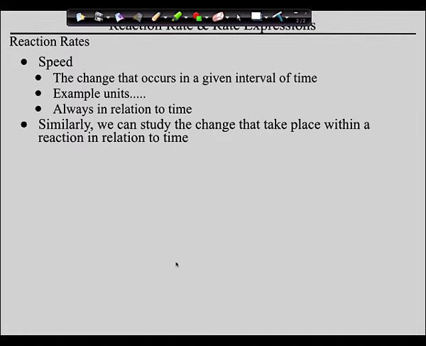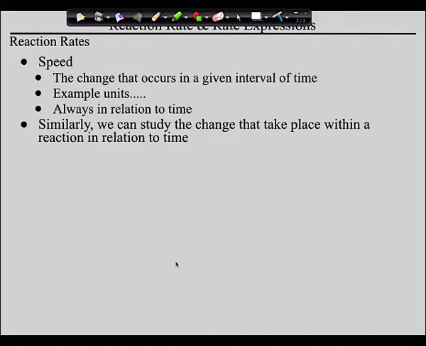So if we want to know how fast a reaction is going, we can either measure how fast the reactants are going away or how fast the products are forming. Traditionally, what we'll do is measure how fast the products are forming. You'll find out in a minute the relationship between the two is what we call a rate expression. Did you catch that? What is a rate expression? It's an expression that tells us the relative rate of the consumption of reactants to the production of products.